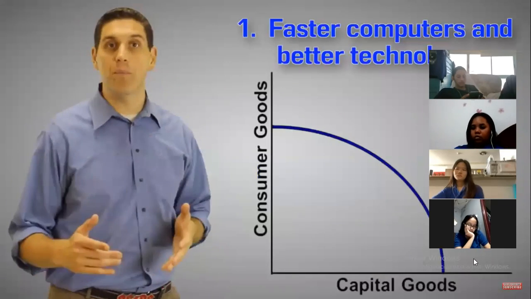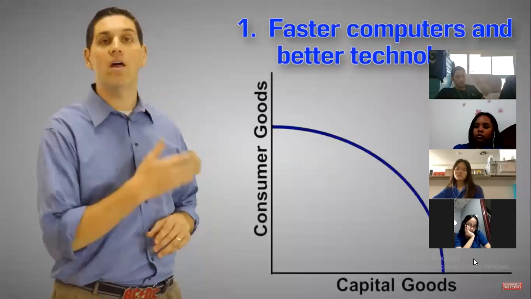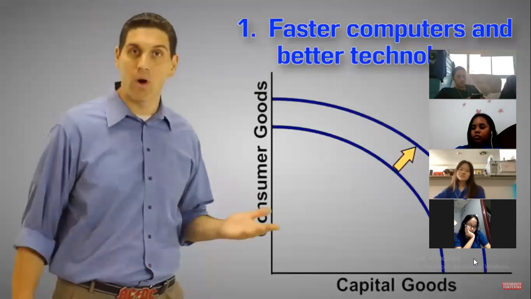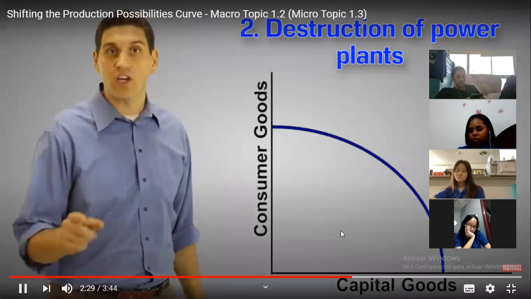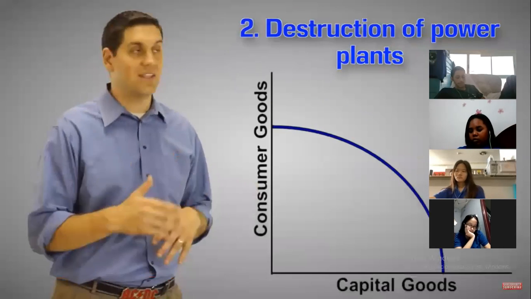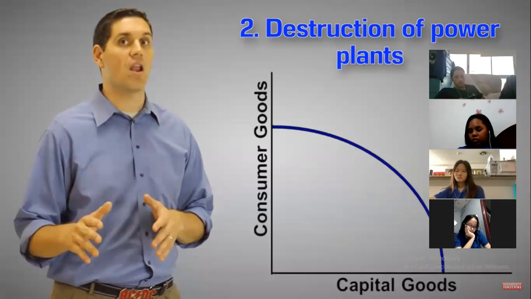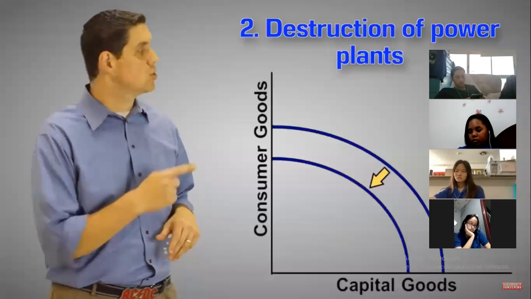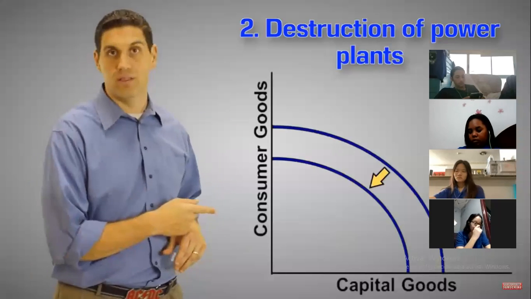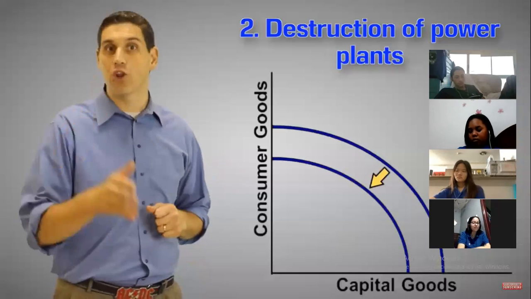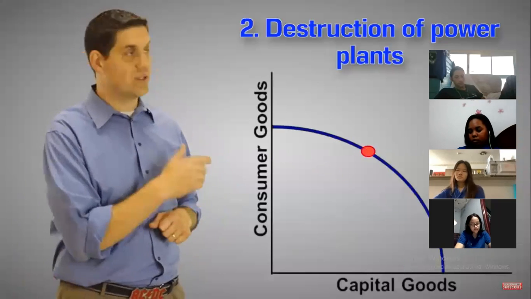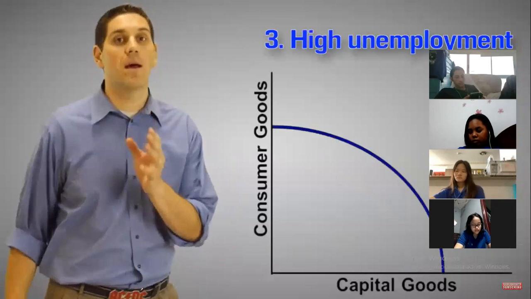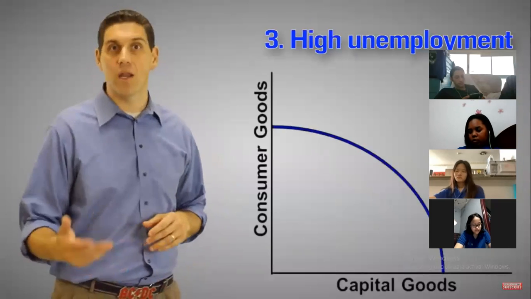For number 1, if we have new computers and better technology, the entire production possibilities curve will shift outward. We can produce more consumer goods and more capital goods. For number 2, a destruction of power plants would mean we have less resources, in this case electricity, which is super important for an economy, and that would cause a production possibilities curve to shift inward. We produce less consumer goods and we can produce less capital goods. And that's exactly what happened to Japan when there was the earthquake and the tsunami. The combination right here, which was efficient, became impossible because the resources were destroyed. Now let's compare that to number 3, when we have a recession and a bunch of unemployed workers.